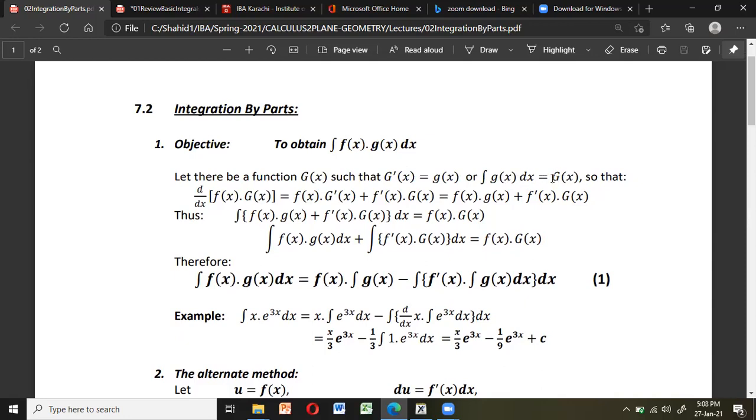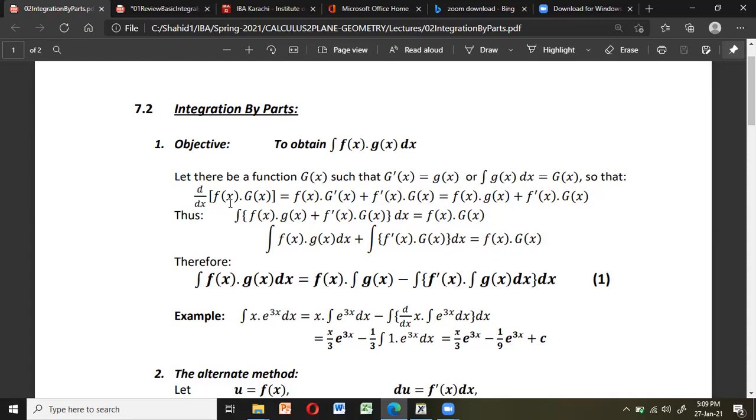If such a function is available, then we develop a formula for the integral of the product of two functions. So, to develop the formula, we take the derivative of the function f in our objective multiplied by the function assumed, that is capital G, whose derivative is the second function.